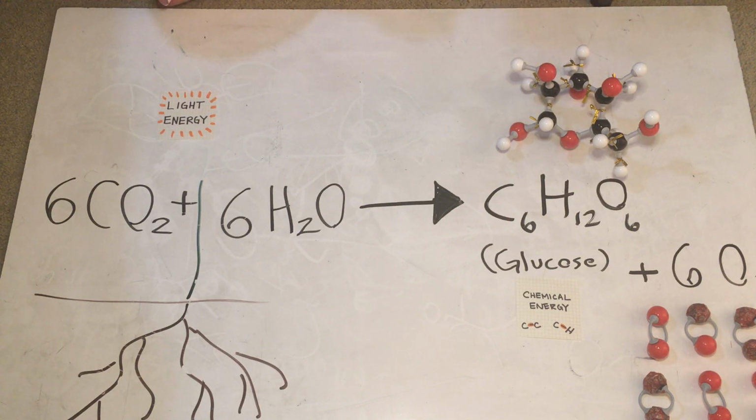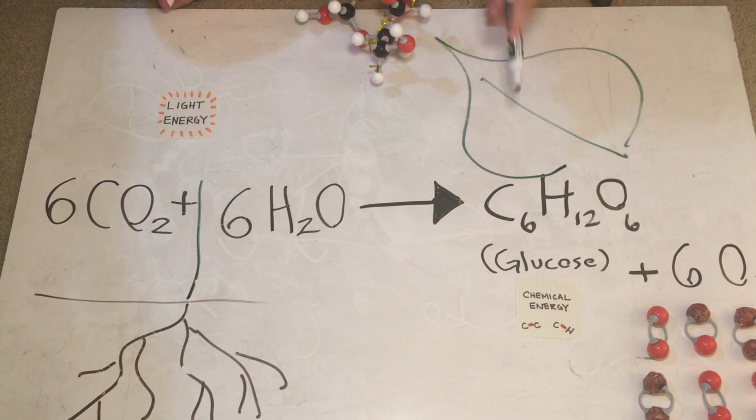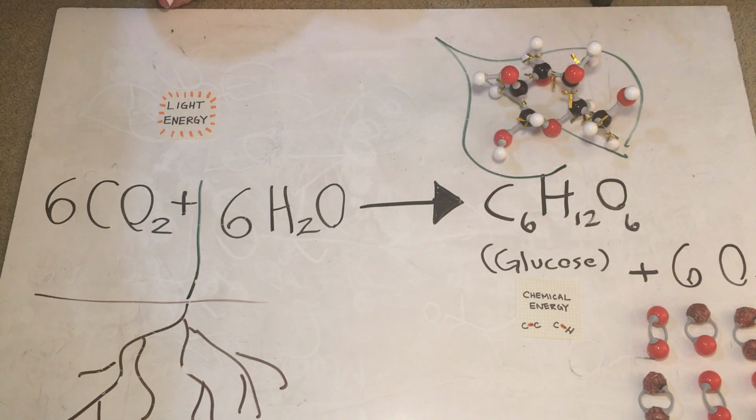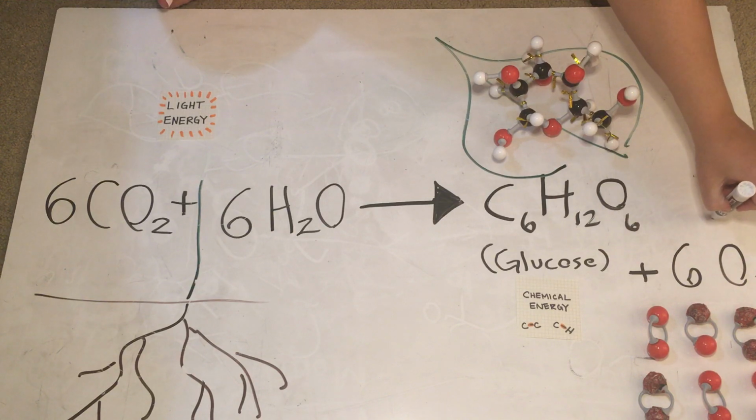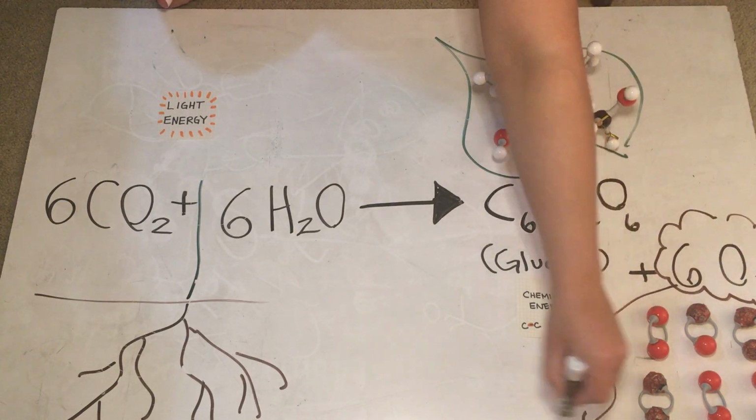So the glucose remains in the plant, okay? This is now plant building block. This could be plant food, that the plant could consume its own glucose in cellular respiration to get energy, where the oxygen is going to leave as a gas, okay?